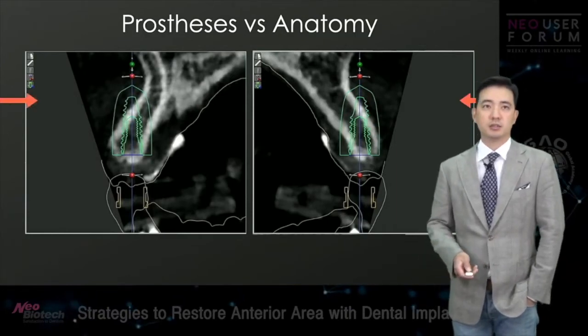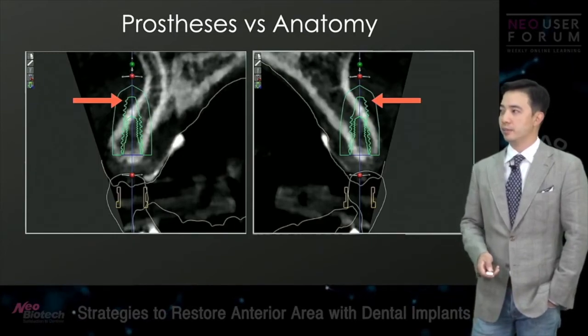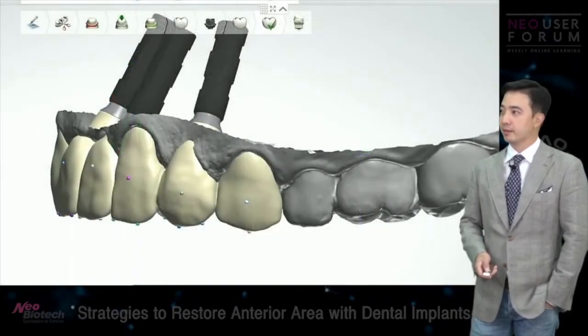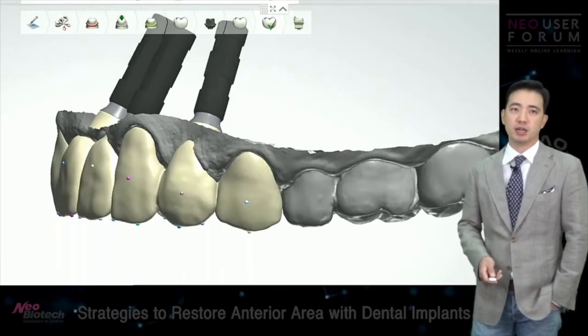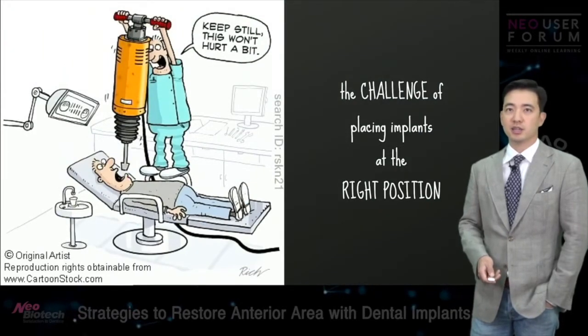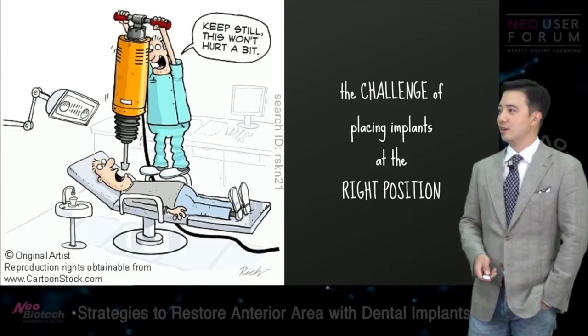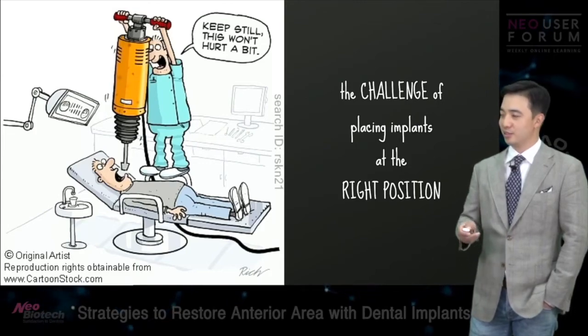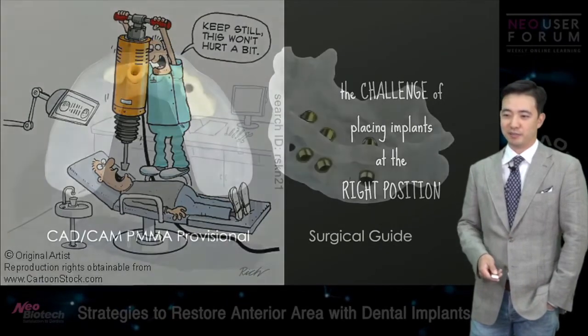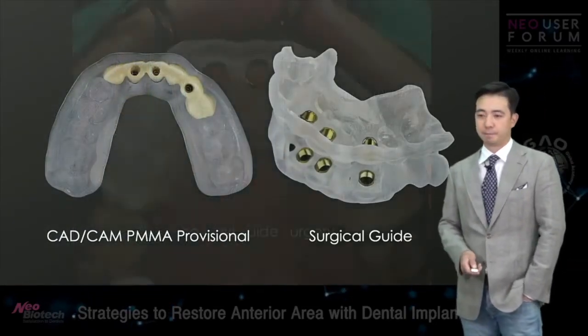So this is how I planned the implant position, and also how I planned the immediate restoration after implant placement. So yeah, this tells you how hard it is to place the implant in the right position. Just a little joke.